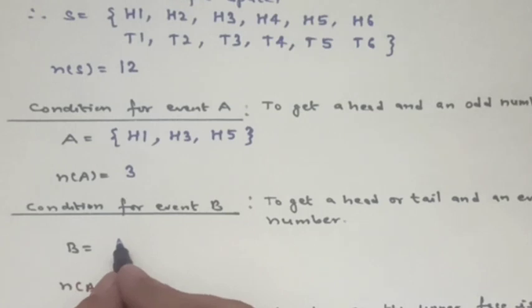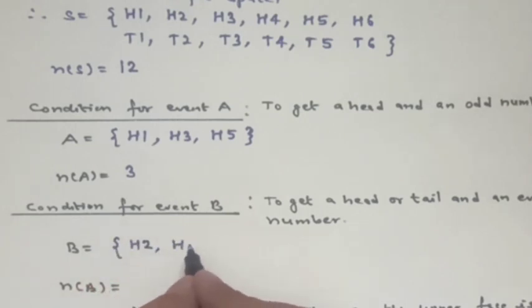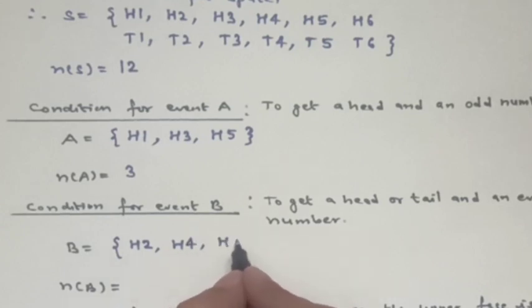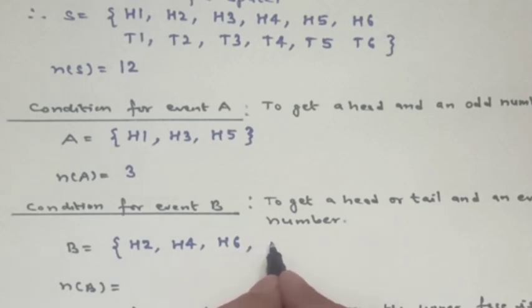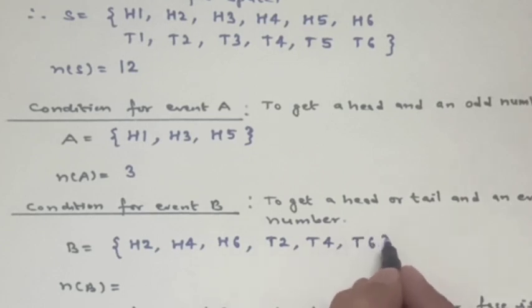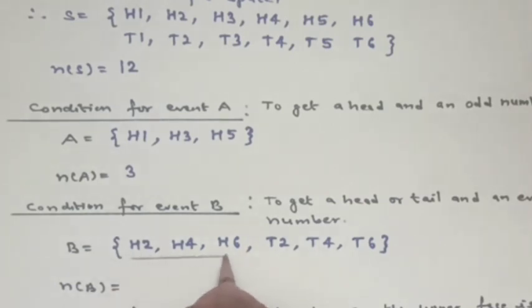Let's consider head first. So head with 2, with 4 and with 6. So H2, H4, H6. Now tail, same way, T2, T4 and T6. So with head even numbers, with tail even numbers. So 3 plus 3 total 6. So NB is equal to 6.